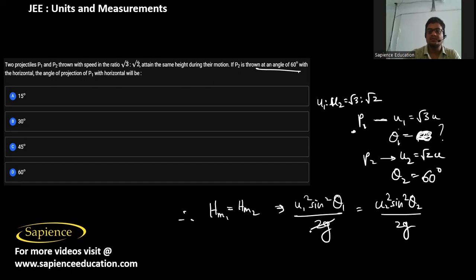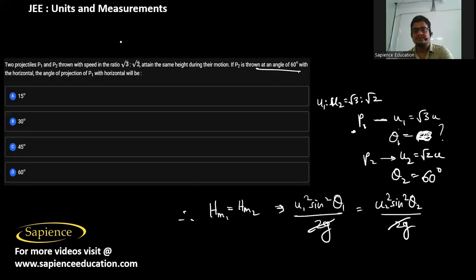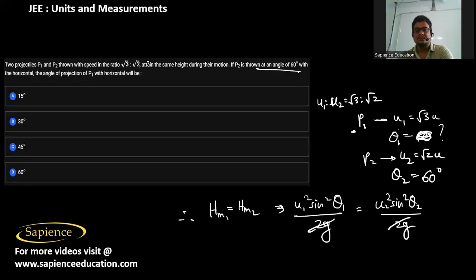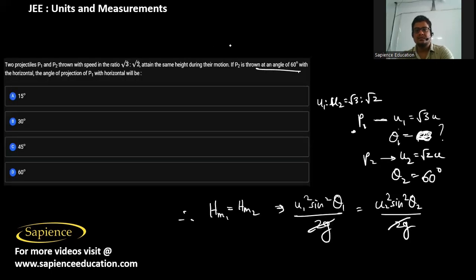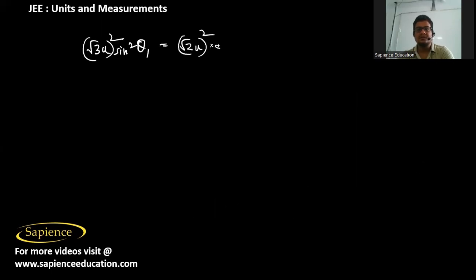Okay, so 2g and 2g will get cancelled. So then √3u whole square sine square θ1 will be equal to u2 square, that is √2u whole square, into sine square θ2, that is sine square 60 degree.